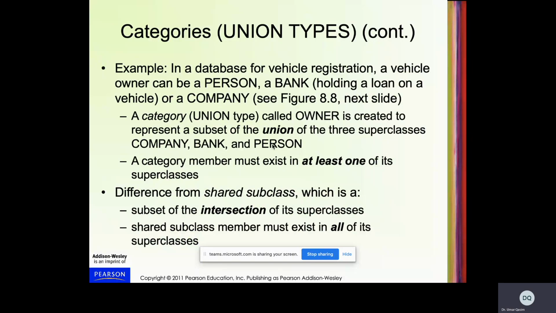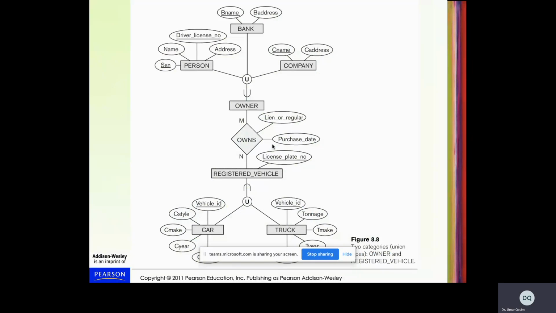So let's look at this: a vehicle, a bank, a person, and a company. Then we have an owner which owns this registered vehicle. In this relationship, we can see there is a union between the bank, person, and company, and that union is then associated with owner, and that owner then owns a registered vehicle.